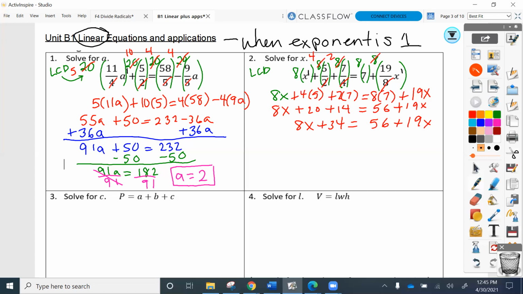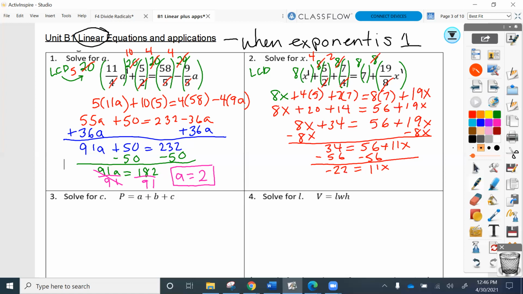Now I can get the variables on the same side. So I have 34 is equal to 56 plus 11x. Subtract 56. You get 11x is equal to negative 22.